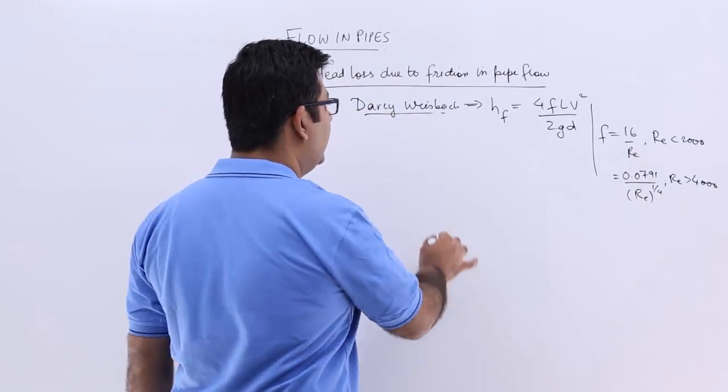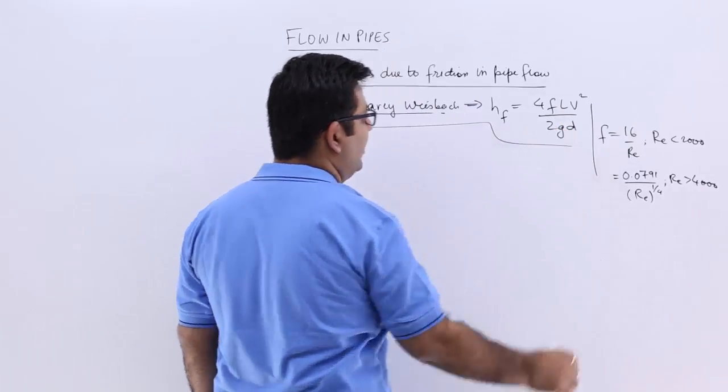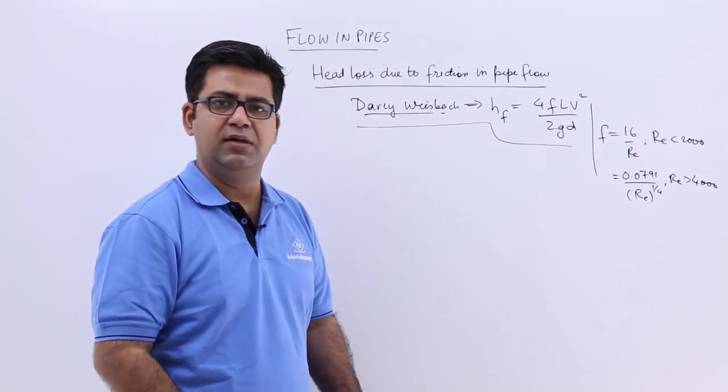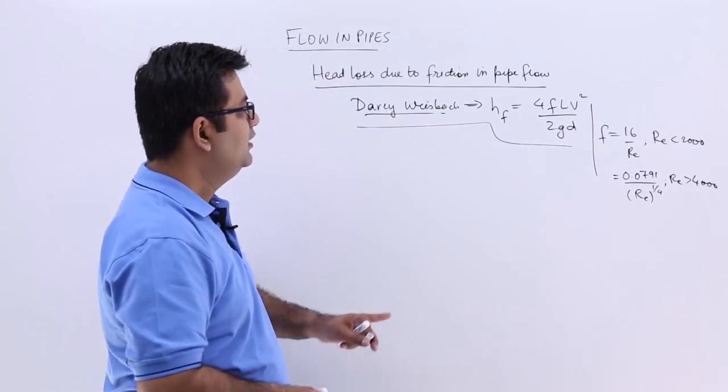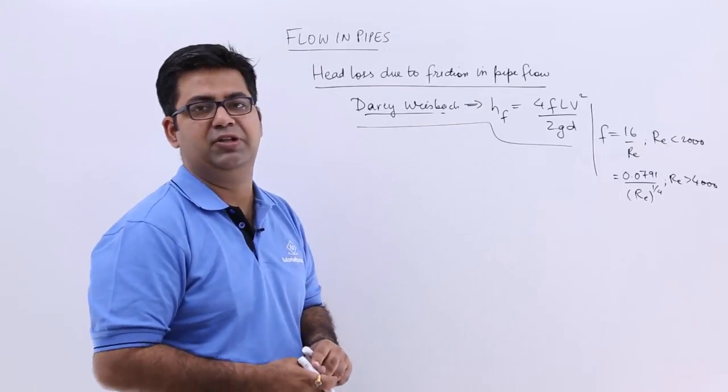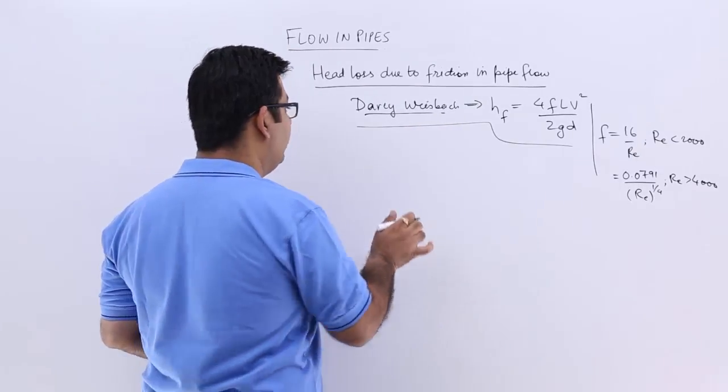Okay, so this is the formula given by Darcy-Weisbach to calculate the head loss due to friction in a pipe flow.